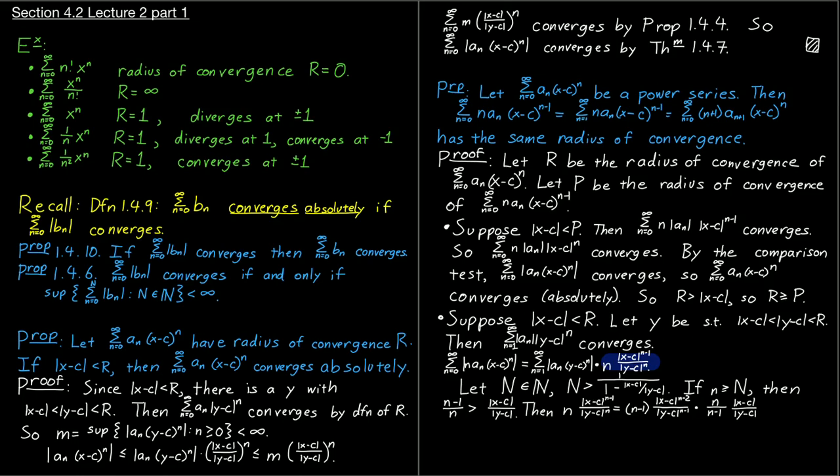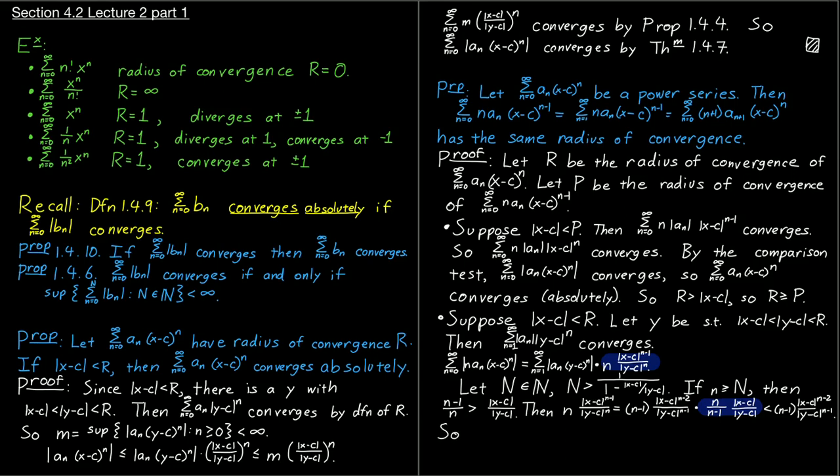But then we can see that this piece is in fact less than 1. So this is less than (n minus 1) times |x minus c| over |y minus c| to the n minus 1, and then to the n minus 2.